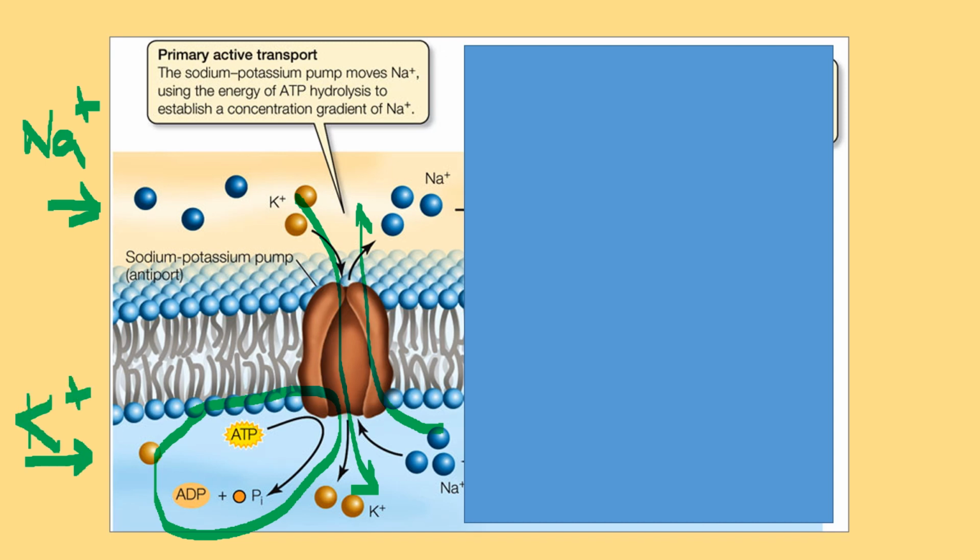And so because primary active transport is occurring, and because that relies on ATP, we now have 2 different concentration gradients, sodium concentration gradient and potassium concentration gradient. And secondary active transport is going to rely on the energy in these existing concentration gradients to move something across the membrane.